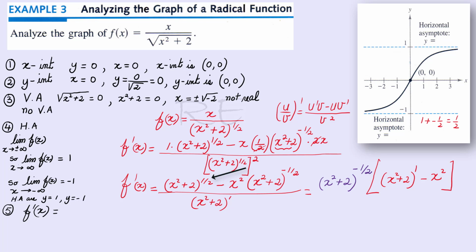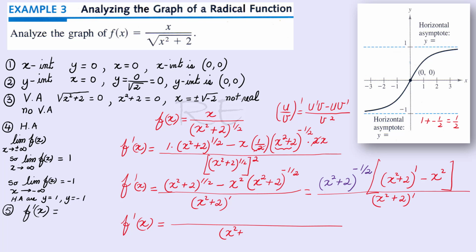And the second expression has the least power, so it's just x squared over (x squared plus 2) to the first. Negative exponent will be brought down to the denominator, and 1/2 plus 1 is 3/2. So it's going to be (x squared plus 2) to the 3/2. And x squared minus x squared is 0. The first derivative has no critical numbers, no extrema.